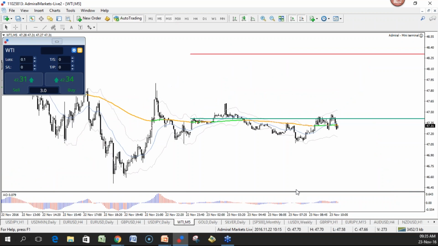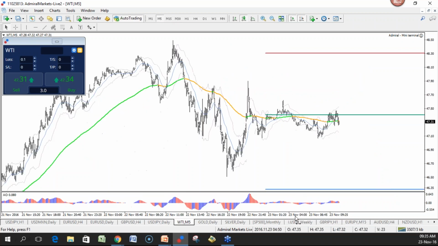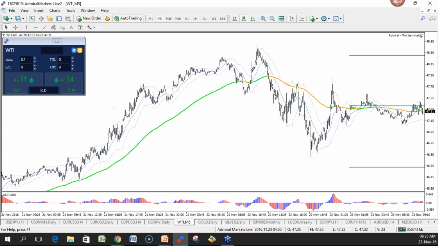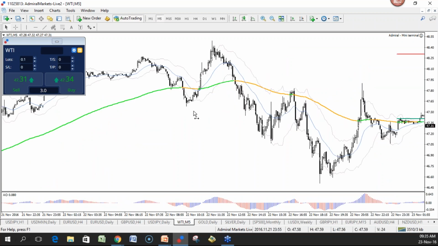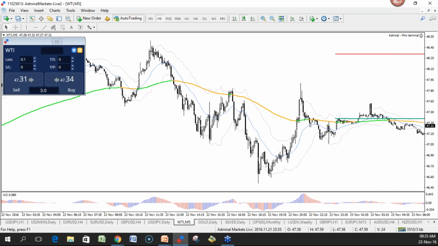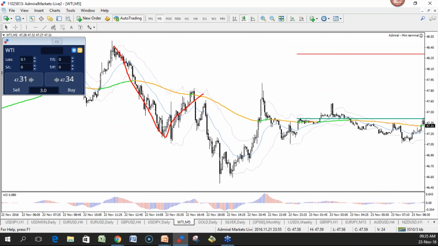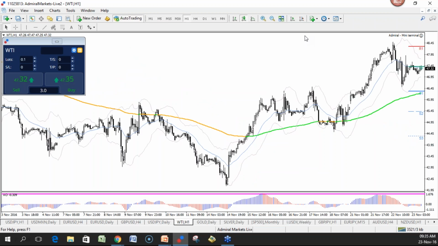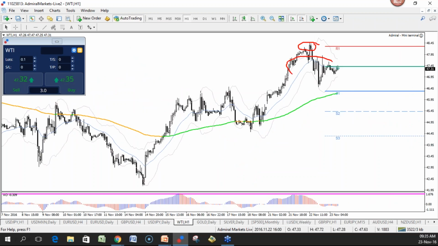Let me check a 5. Not so clear to me. It looks like an ABC, actually. That actually does not support a turnaround here. This is looking quite choppy. So although this looks like an ABC, this part here does not really fit with that.